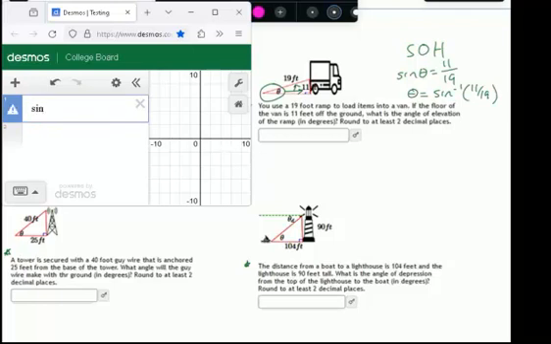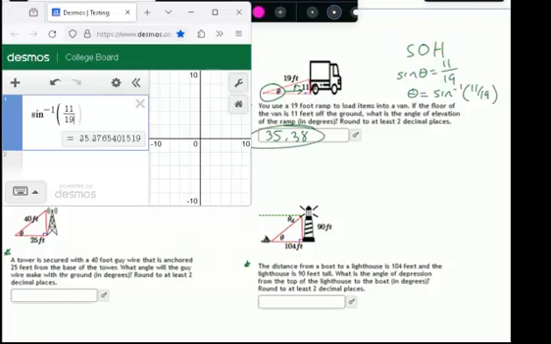As long as you are in degree mode, when you enter this, which angle has a sine ratio of 11 over 19, you see that it's 35.38, and that would be your answer. Once you identify the correct trig ratio, you can set up your inverse and find the calculated value.